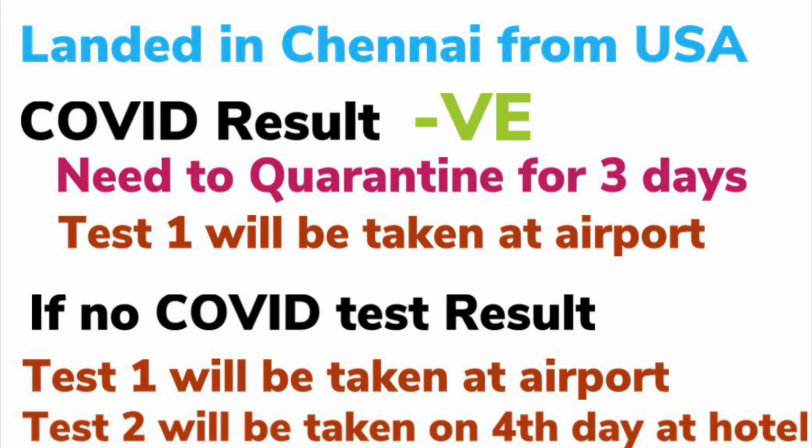Even if you take a COVID test in the US, as soon as you get down at the destination, they again do a test for you, and that result comes in another 2 days. So you need to produce 2 test results. That's the target. If you don't produce the one from the US, they will take another one after 2 days of your reaching the destination.